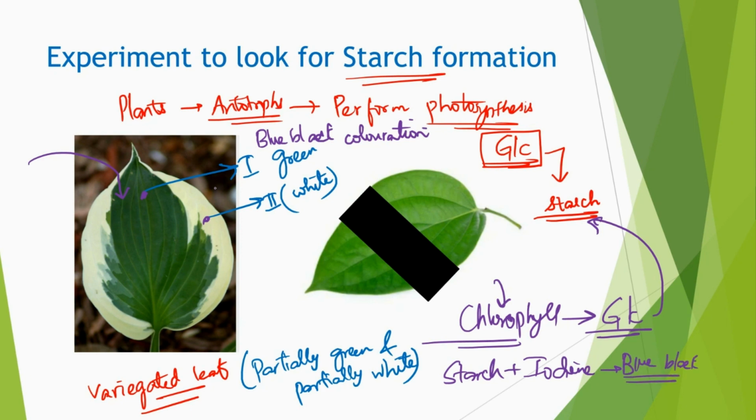But when we add a drop of iodine in the white region, no coloration was observed. Why is it so? This is because this region is devoid of chlorophyll. Even when light falls, it cannot be absorbed, so there is no conversion of carbon dioxide into glucose and thus no starch formation.